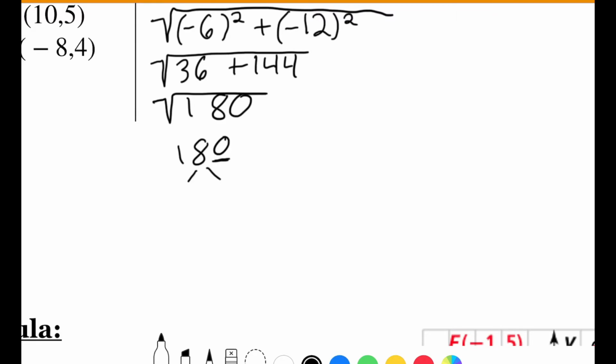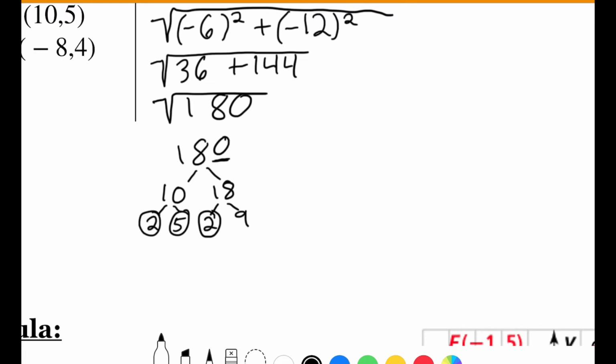But hopefully, since it ends with a 0, we know that 10 can go into it. So we have 10 times 18 gives us 180. Then we can separate our 10 out as 2 and 5. 2 and 5 are prime, meaning that there is not another number that can go into it evenly besides itself and 1. 18 we can separate out as 2 and 9. 2 again is prime. 9 is not, because itself and 1 are not the only things that can go into it evenly.